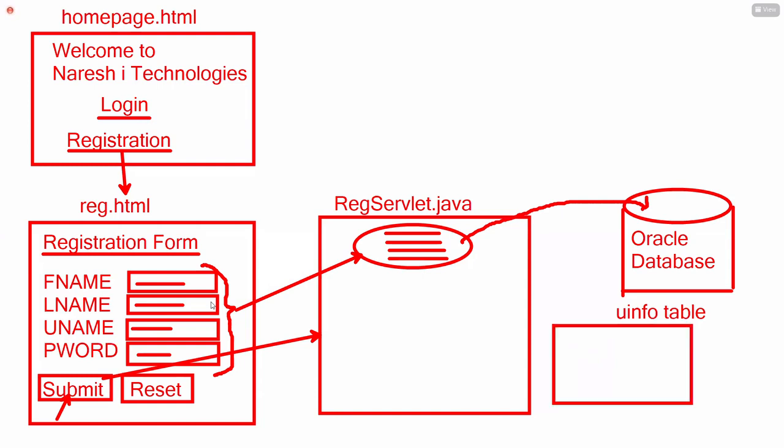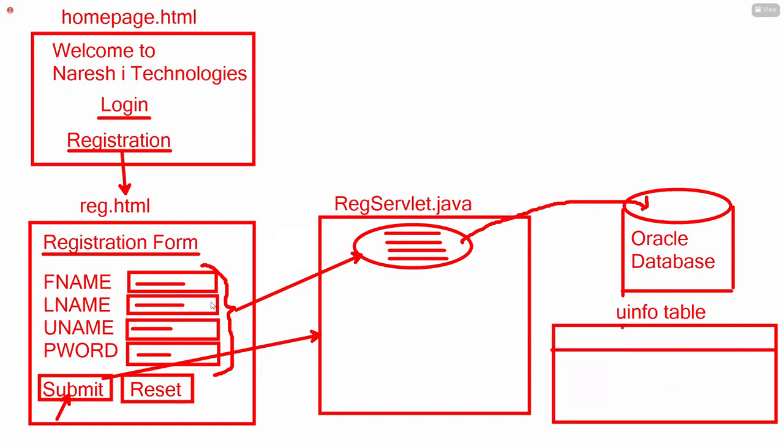Now here first name, last name, uname, pword: four fields in a table.